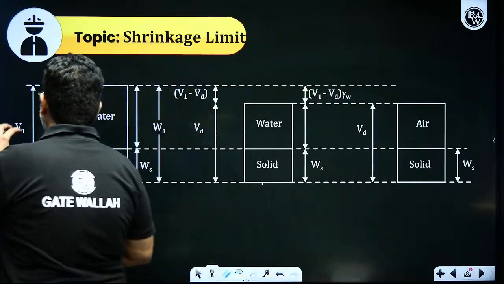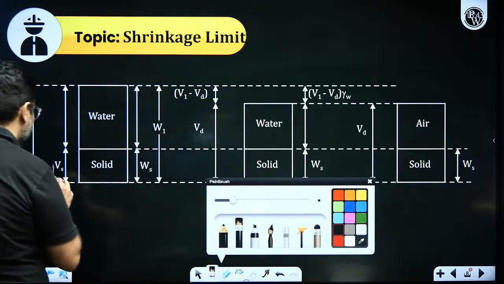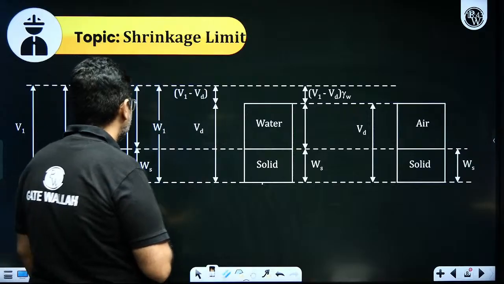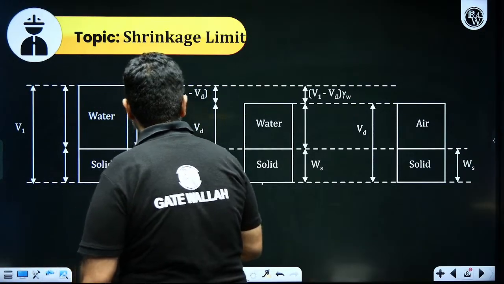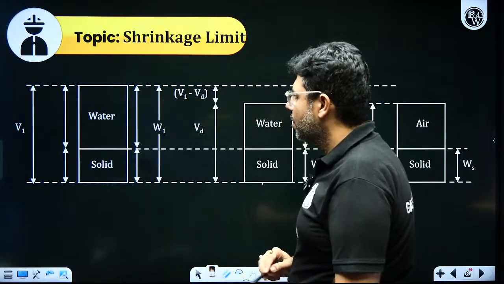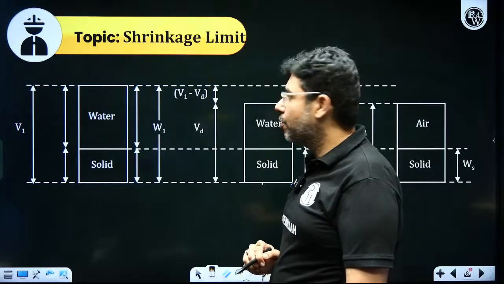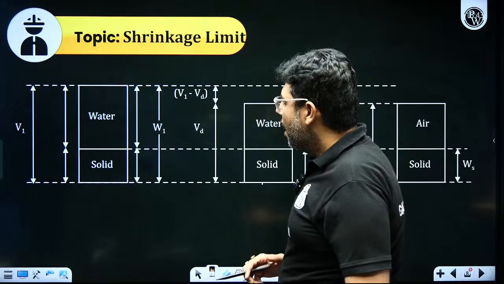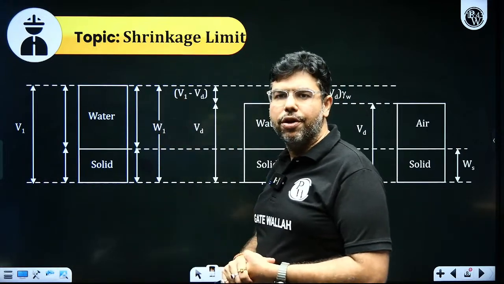Let me call that volume V1, the volume of the soil in the oversaturated condition. Very good. And we will take the weight also. This is the weight of the soil in oversaturated condition, W1.